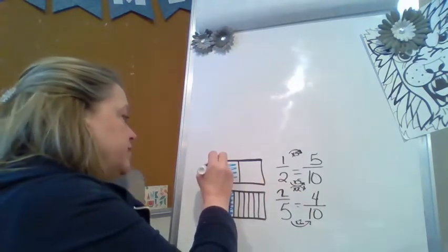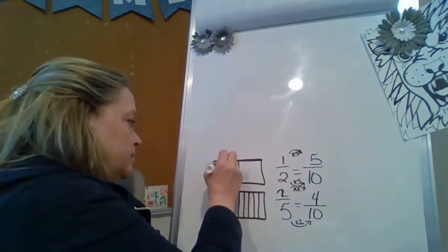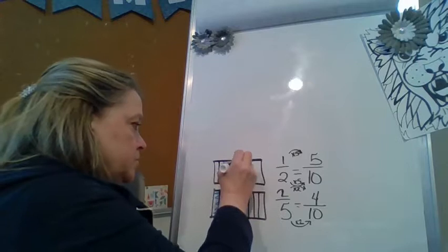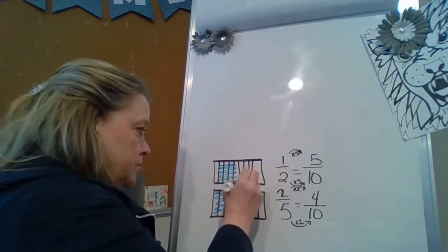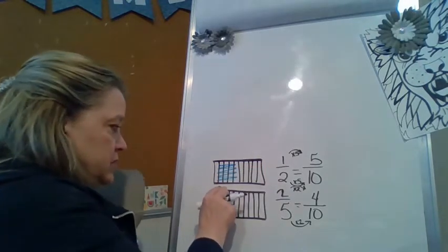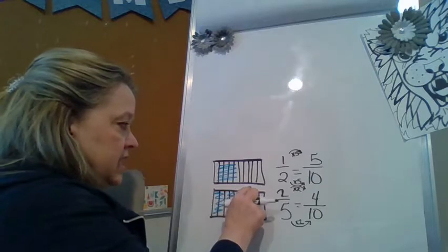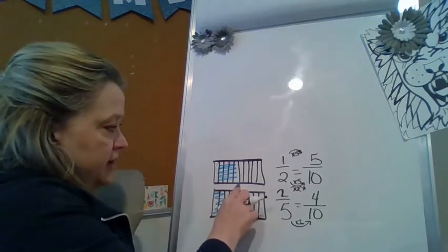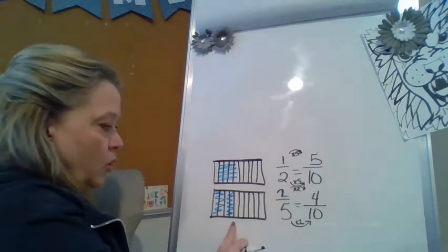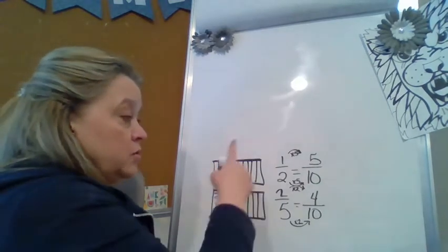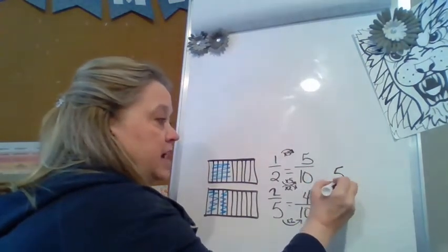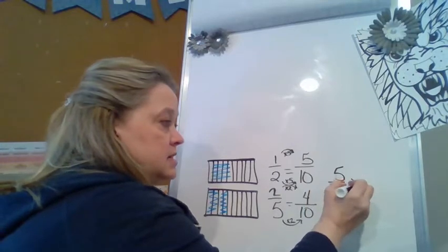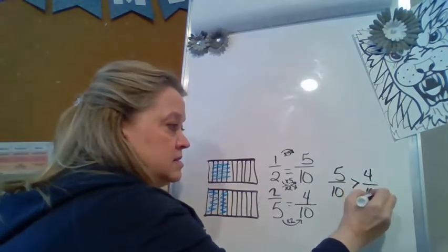We made 5 parts in each one. So now we have 1, 2, 3, 4, 5, 6, 7, 8, 9, 10. 5 are colored in here, 4 are colored in here. So when we're looking at these, we know that 5/10 is greater than 4/10.